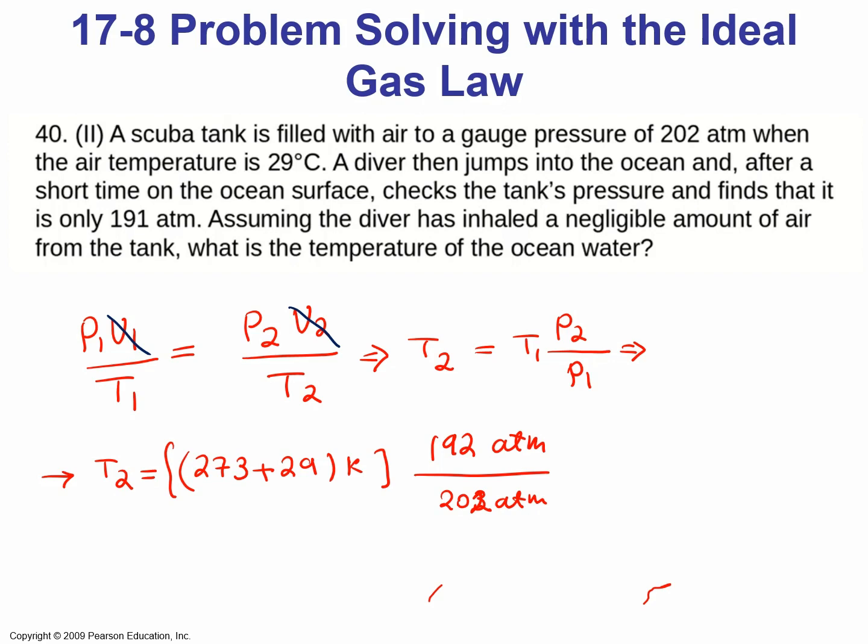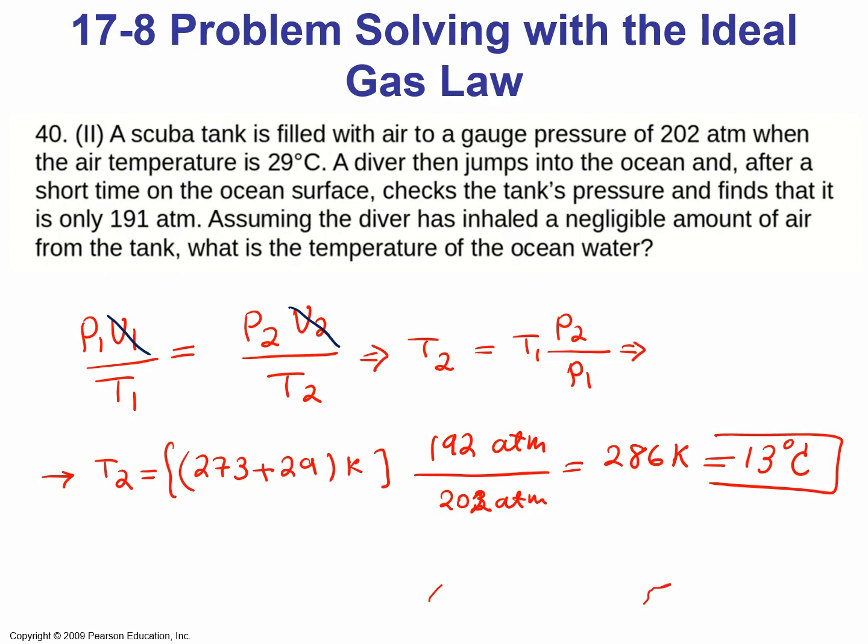Considering this ratio, it simplifies to 286 Kelvin, and if you convert it back from Kelvin to degrees Celsius, subtracting 273 degrees, it gives us 13 degrees Celsius. So the temperature of the ocean water is 13 degrees Celsius.